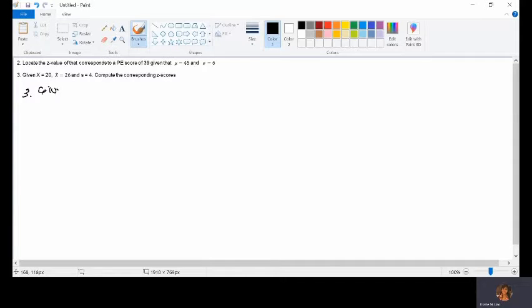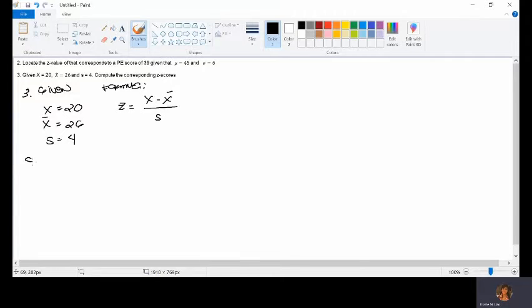So given your random variable x that is equal to 20, your sample mean that is equal to 26, and your sample standard deviation that is equal to 4. So the formula that we're going to use, which we discussed earlier, that will be z is equal to x minus your sample mean over your sample standard deviation.